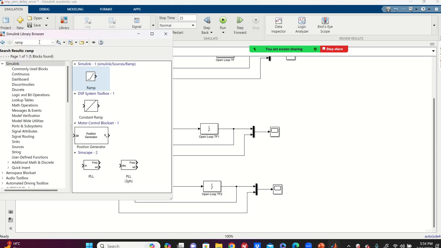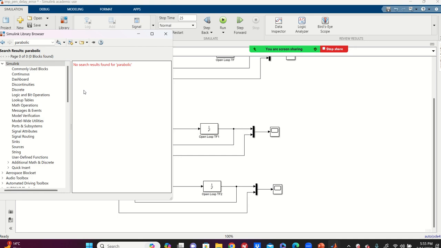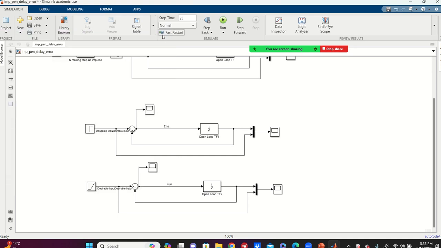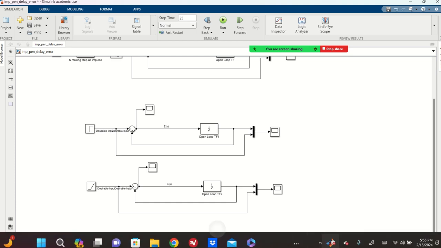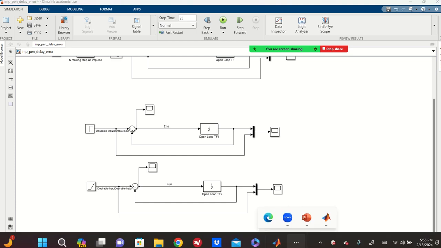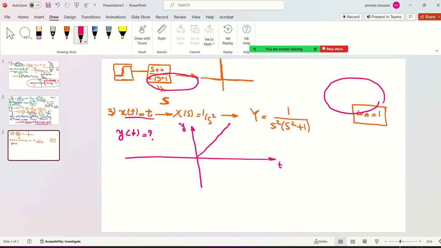You can look at your notes. Parabolic. We don't have such an input in the Simulink, like impulse. So we have to use some trick. Okay, how? Let me take it back to the notes. So you saw that this is input, so this is output.